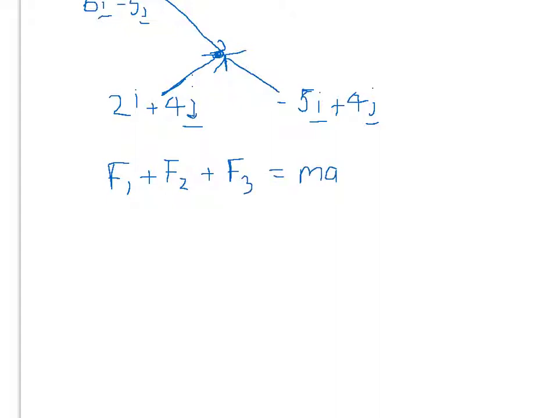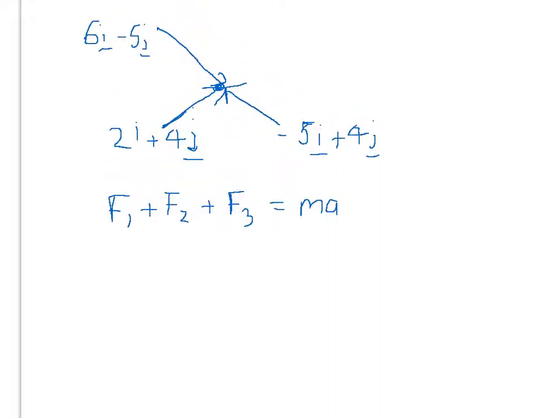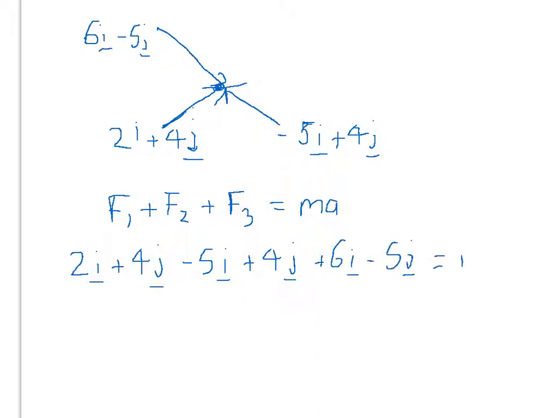So we're going to add together our three forces given. So we've got 2i plus 4j, and we've got a minus 5i plus 4j, and we've got a 6i minus 5j, and that's equal to ma.